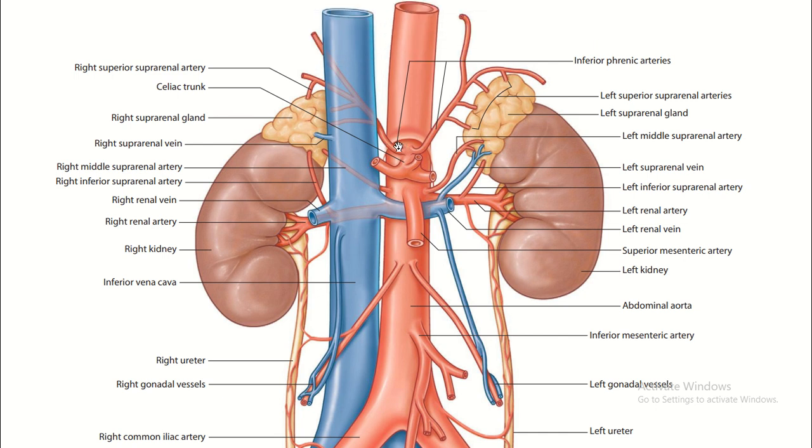So this is your suprarenal artery actually coming from there, right? So this is your inferior phrenic artery. It will give your superior suprarenal artery. Done. And then another, second blood supply to your suprarenal gland is going to come from a branch coming directly from the abdominal aorta.